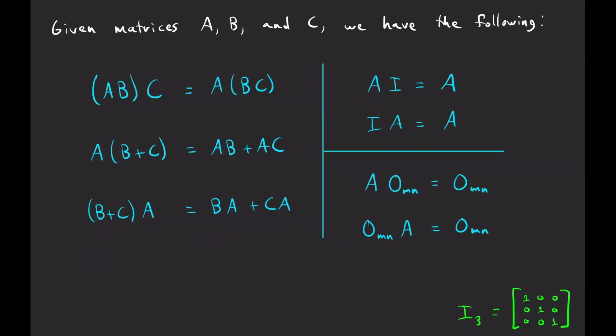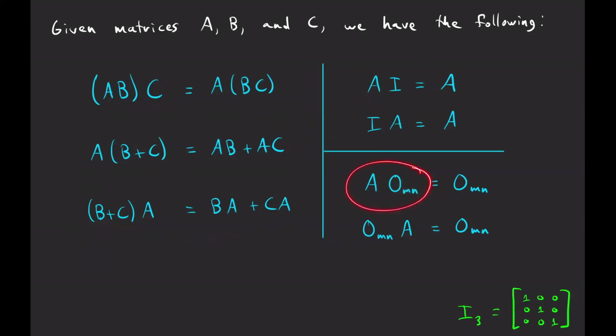Notationally speaking, usually what happens in textbooks and on the internet, when there's a matrix, we bold it. I can't bold in handwriting, so I've adopted this notation here. This is a zero with a subscript m and n. That is me just saying I have a matrix that consists entirely of zeros. It has m rows and n columns.